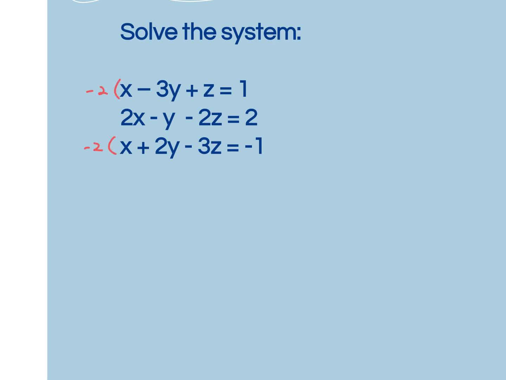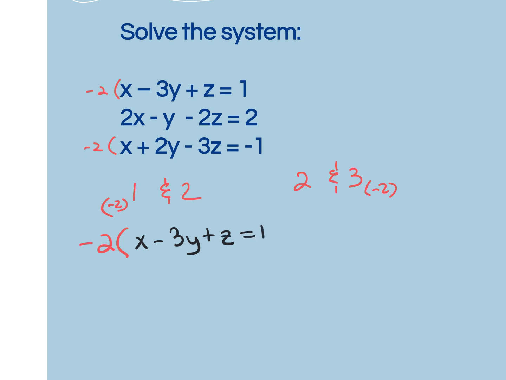So I'm going to add 1 and 2 together, but I'm multiplying equation number 1 by -2. Then I'm going to add 2 and 3 together, but I'm multiplying equation number 3 by -2 as well. So let me write down -2 times x minus 3y plus z equals 1. I'm going to distribute.